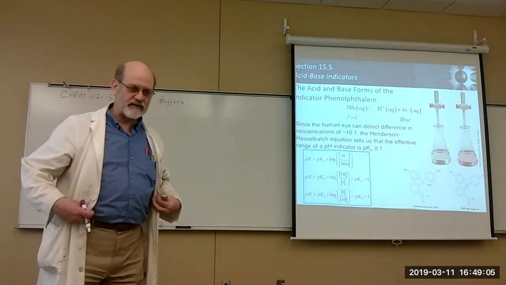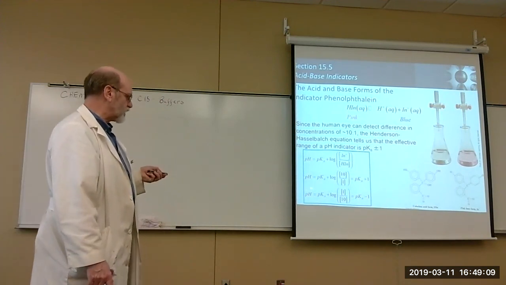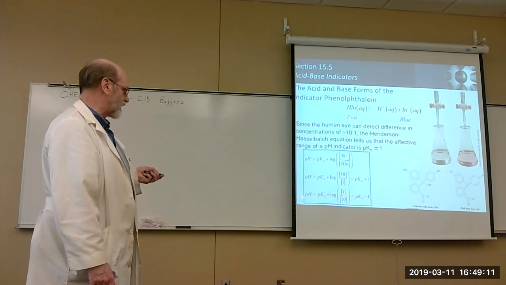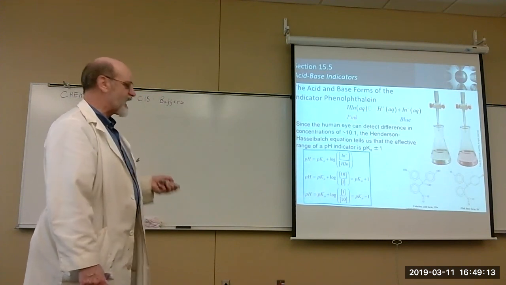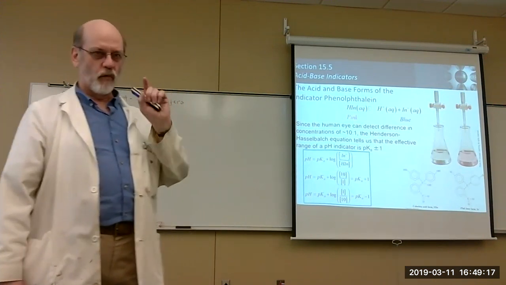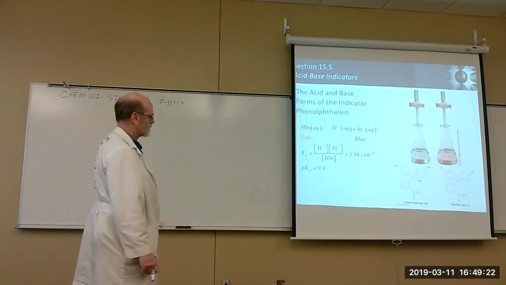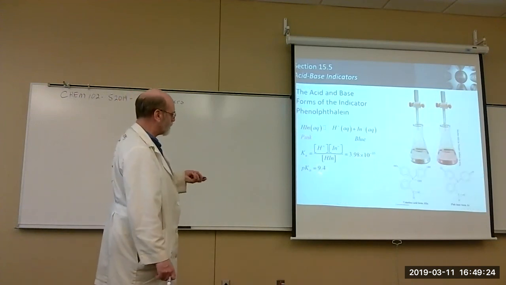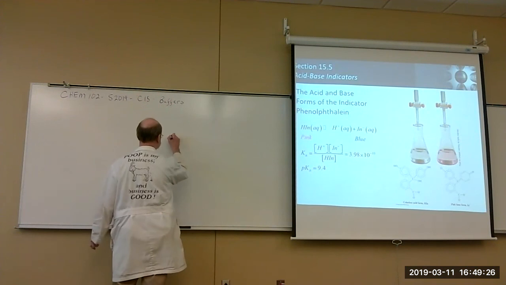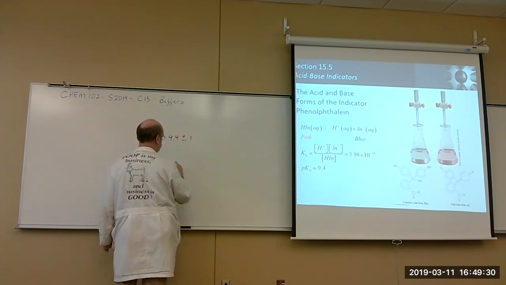So what that means is the pH range that is most suited for your particular indicator is the pKa for the indicator plus or minus 1 pH unit. Right? So if we go back, the pKa for phenolphthalein is 9.4, plus or minus 1 pH unit.